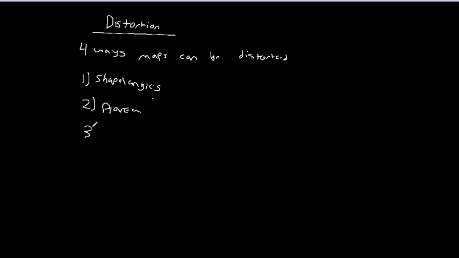The third way that we can have distortion is through changes in direction. Meaning that if you were to walk along a straight line in the map, that might not necessarily correlate to a straight line in the real world.